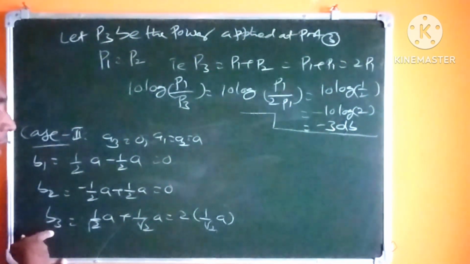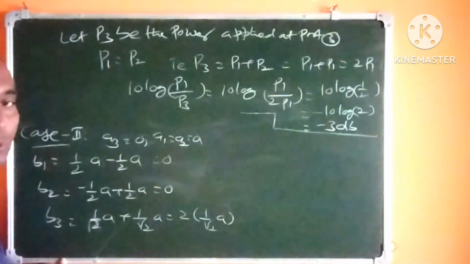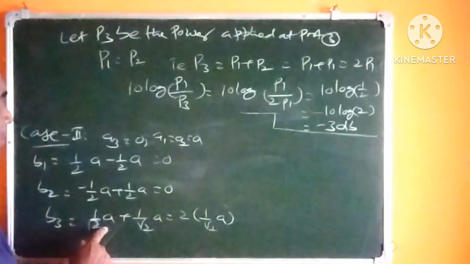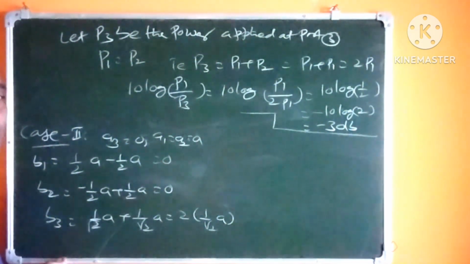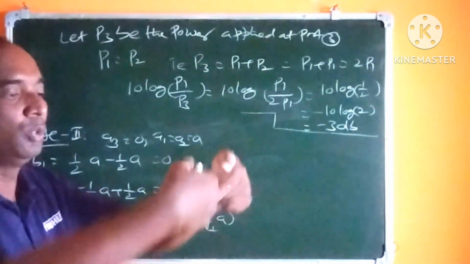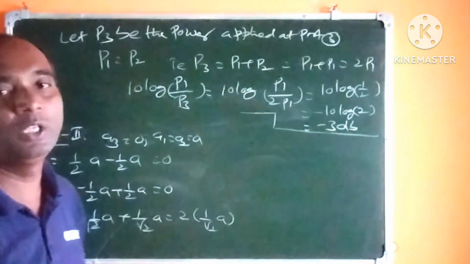And port 3 will be the additive property of port 1 and port 2. The summation of the input powers will come out through port 3. Whatever power is given through port 1 and port 2, it will come out through port 3 as the summation of port 1 and port 2.